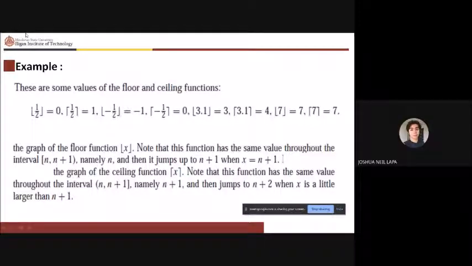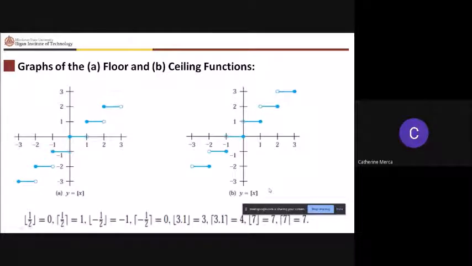Yes, ma'am. Okay. The graph of the floor function is given by the following. This one. Ang floor is A. So, ang floor kay naa diri sa ubos. Pag floor function, ini ani yang itsura.